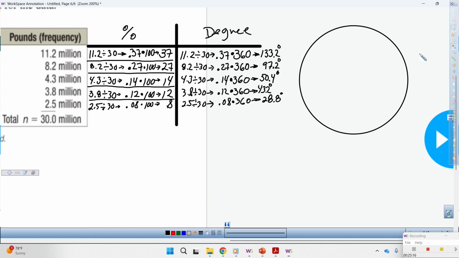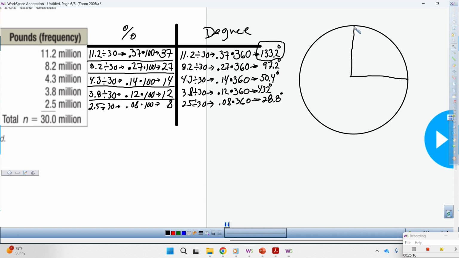All right, here we go. So, start with the first category, which is 133 degrees. So, kind of guesstimate. Look up, please. If we start here and we go up to here, that's 90 degrees.